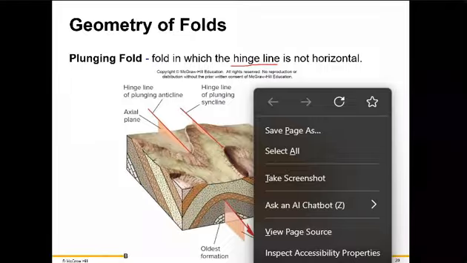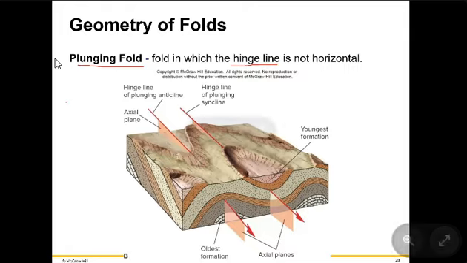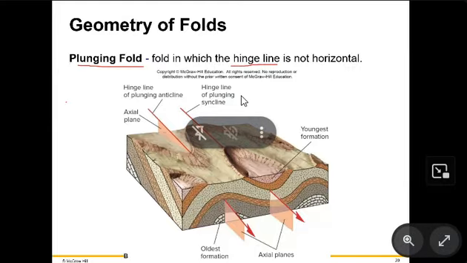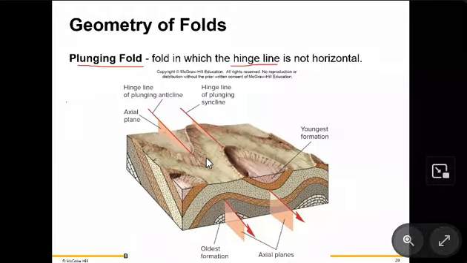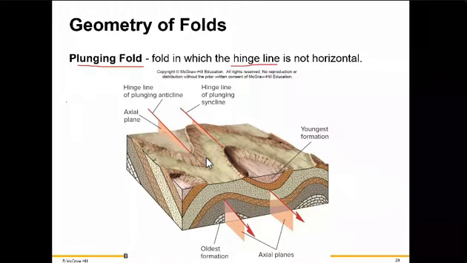What criteria is used to define this? We talked about 5 criteria. Which one of them falls into this category? Fold classification based on their hinge line and axial surface. Good. Fold classification based on hinge line and axial surface.